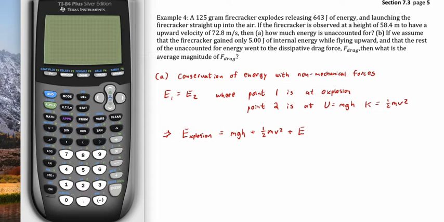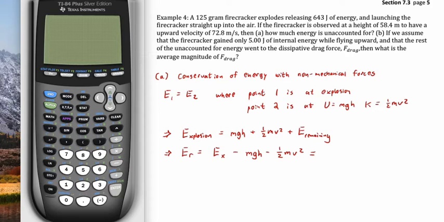We're given more information in part B. So I'll just call this E remaining. Okay, and E remaining is what we're trying to solve for. So E_R for remaining is going to be the energy of the explosion, and then minus mgh minus 1/2 mv squared.